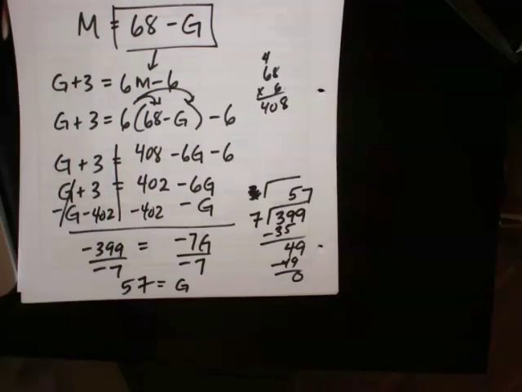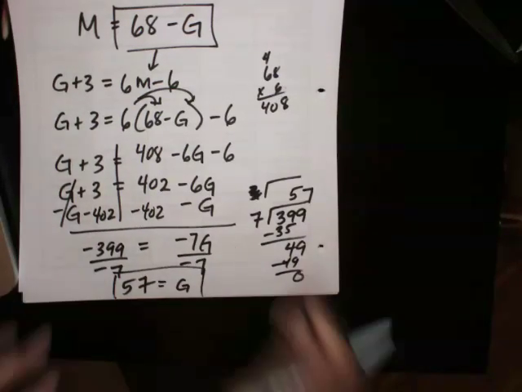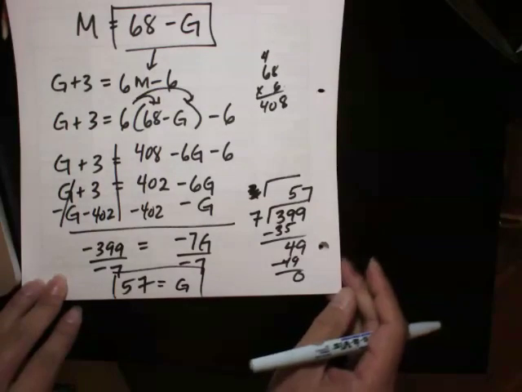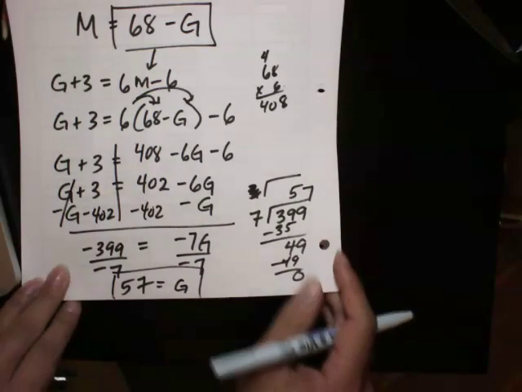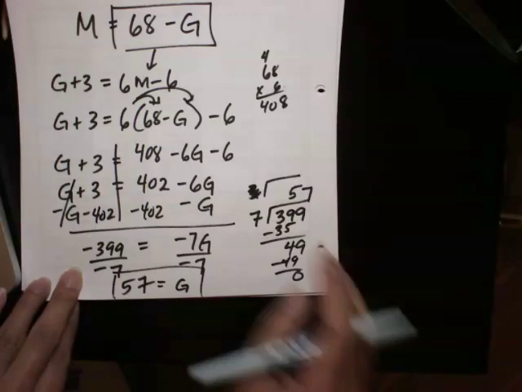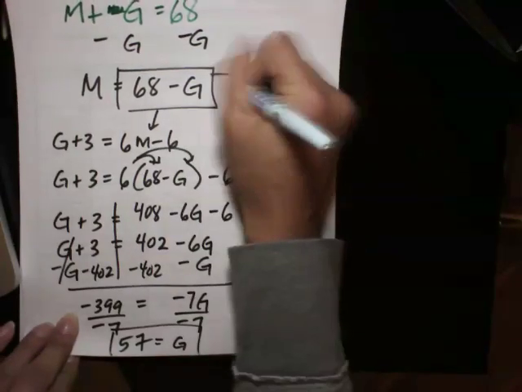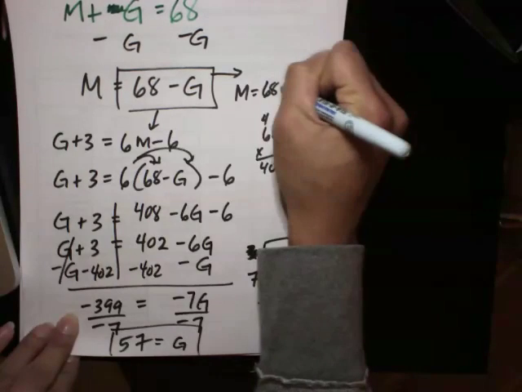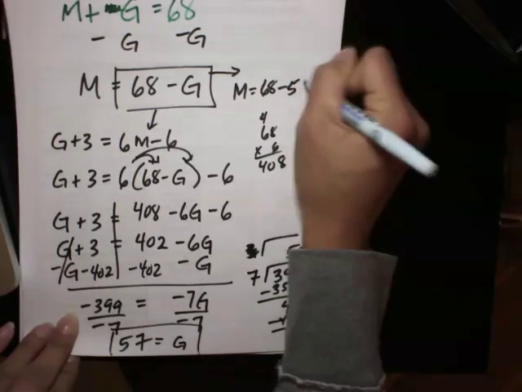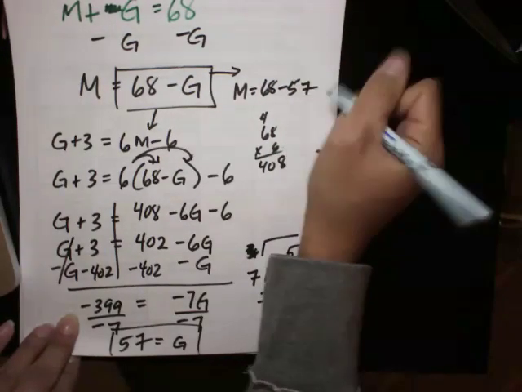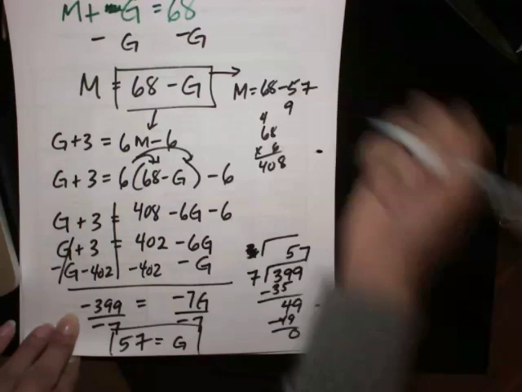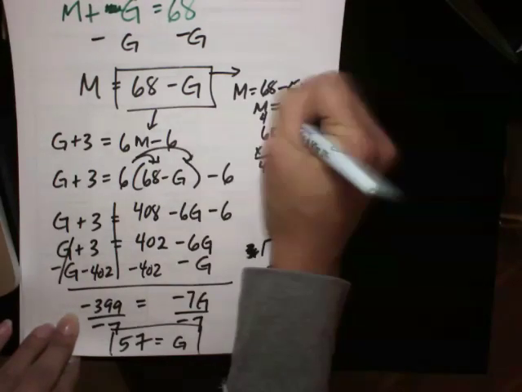And we said g is grandfather's age, so let's substitute in to solve for Miguel's age. Okay, well, Miguel is, like here we said, 68 minus grandfather's age. 68 minus 57 will give us 11. Okay, so Miguel here is 11 years old.